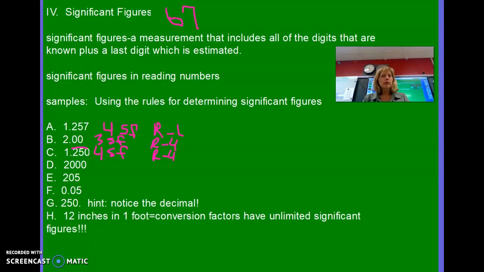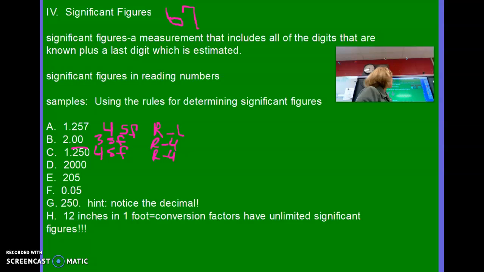I probably don't have a super precise measuring device, scale or whatever, to give me a number that's much closer than that. So if you pause this for a moment and look at the rules, this is actually rule number 5.